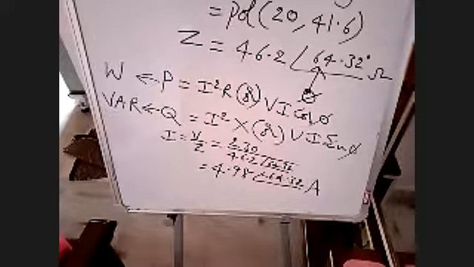Okay, this is the value of current. The current magnitude is 4.98. Remember, if the angle comes to the numerator, it becomes minus.